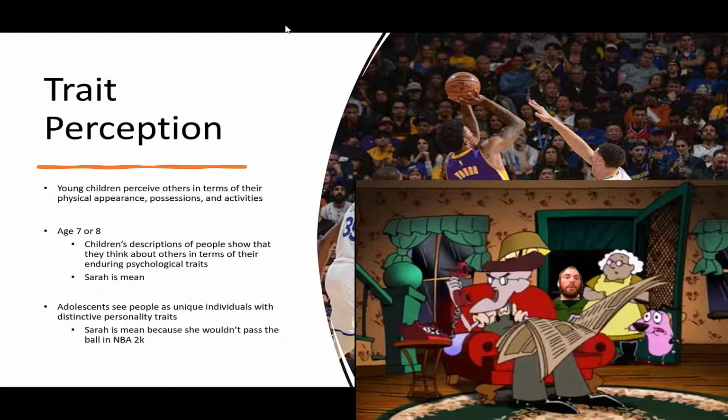So with development, children recognize that individuals are, quote-unquote, unique and have distinctive personality traits, and underlying the reasons for their characterizations of individuals are particular behaviors committed by that individual.